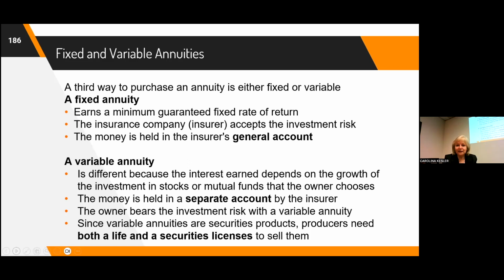It's different because the interest earned depends on the growth of the investment in stocks and mutual funds that the owner chooses. The money is held in the separate account by the insurer. The owner bears the investment risk with a variable annuity because you choose your own investments. Since variable annuities are securities products, you must have both a securities and your life license to sell them.